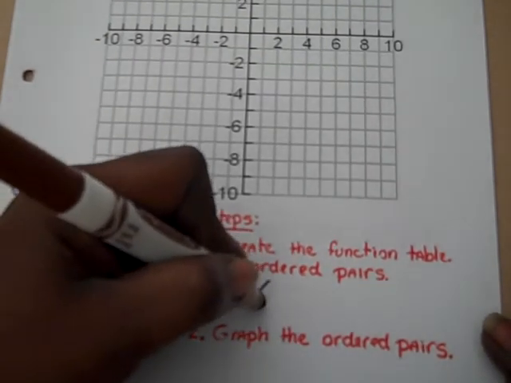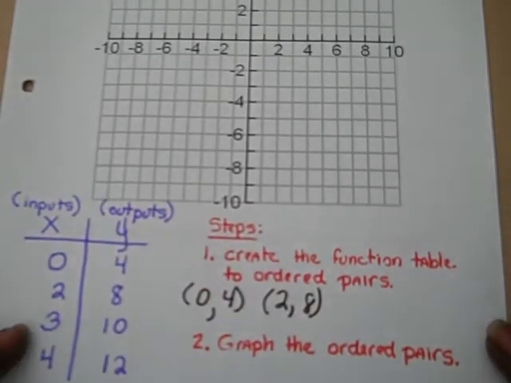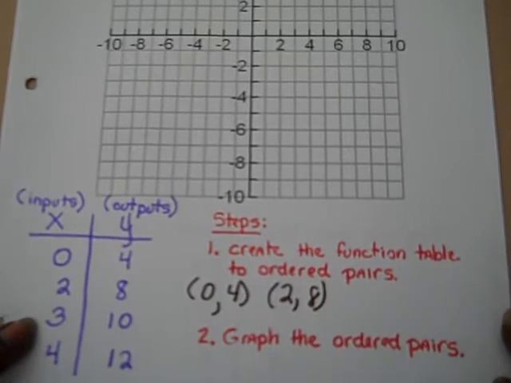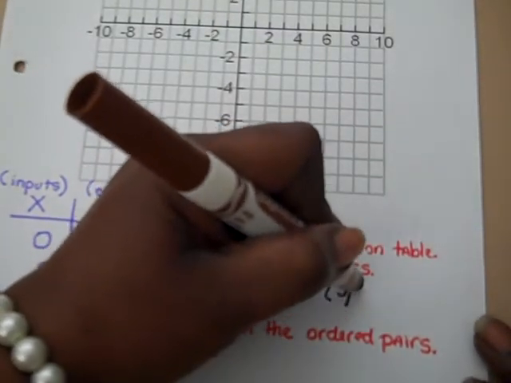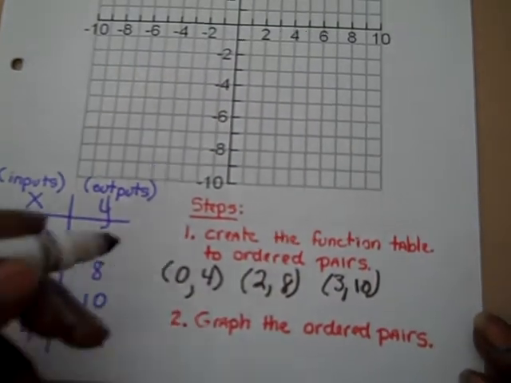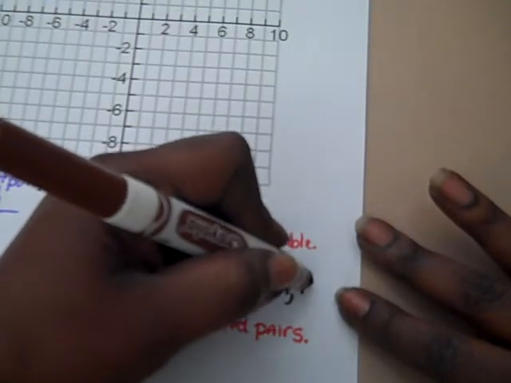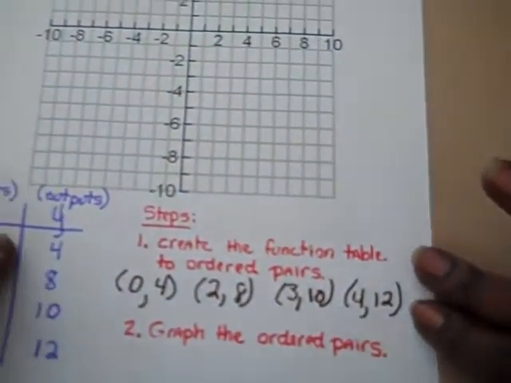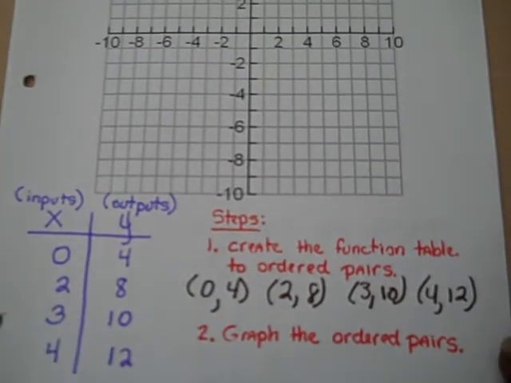The second, 2, 8. The third set of ordered pairs, 3, 10. And then the last set of ordered pairs is 4, 12. So from reading our function table, we have our four sets of ordered pairs.